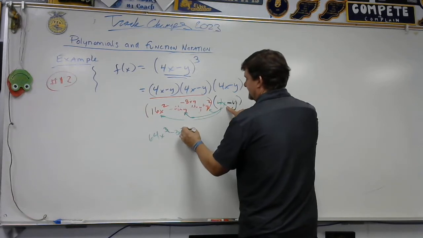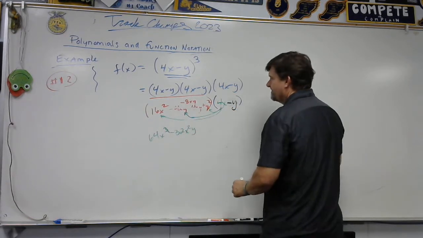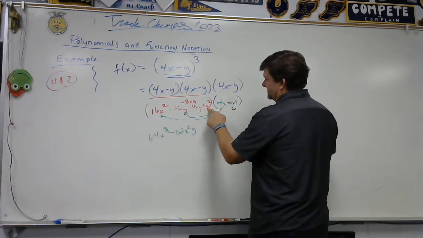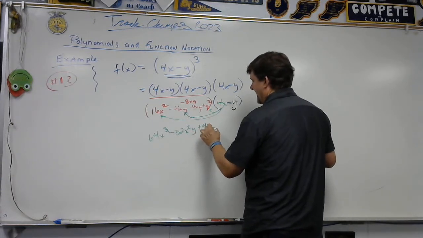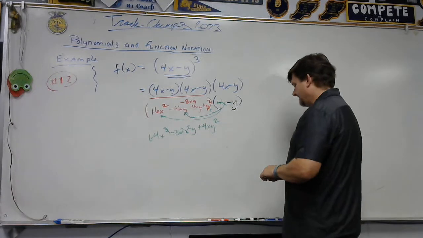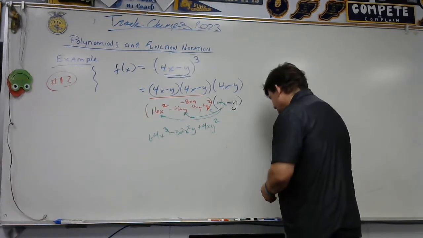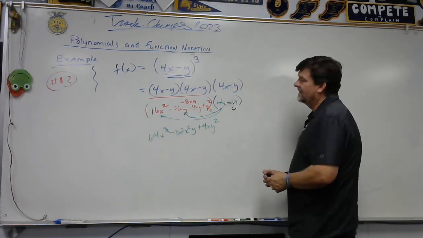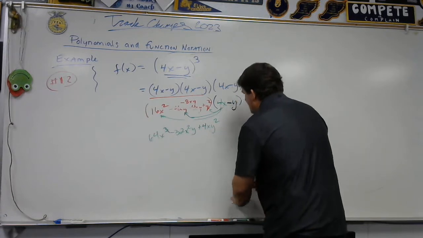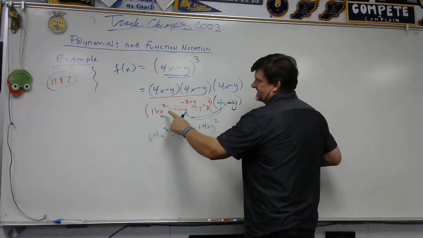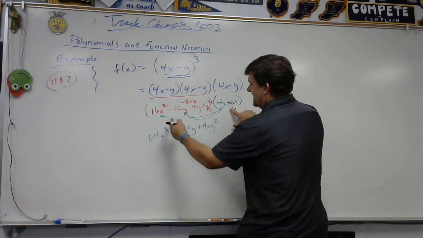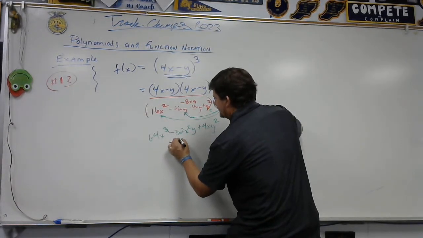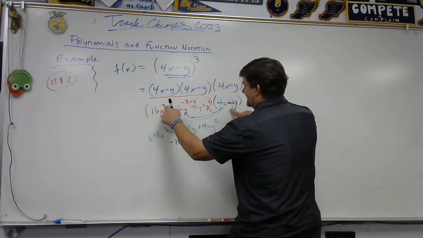X times x is x squared y. 4x times y squared is going to be plus 4xy squared. Okay, so now I'm going to distribute the negative in there. So negative y times 16x squared. So that's going to give me negative 16x squared y.